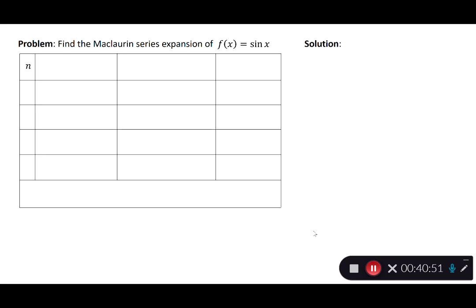Make a table: n in the first column; second column, f to the n of x; third column, f to the n evaluated at 0; fourth column, c sub n is equal to f to the n of 0 divided by n factorial. Right?